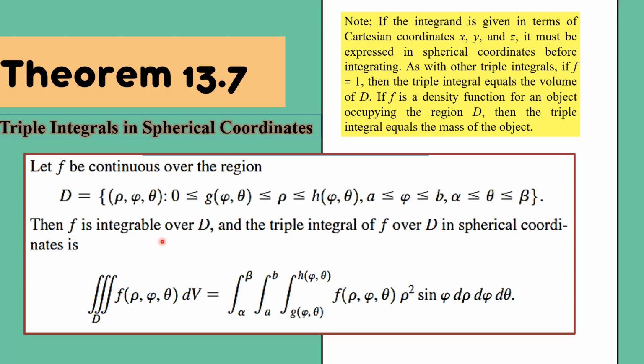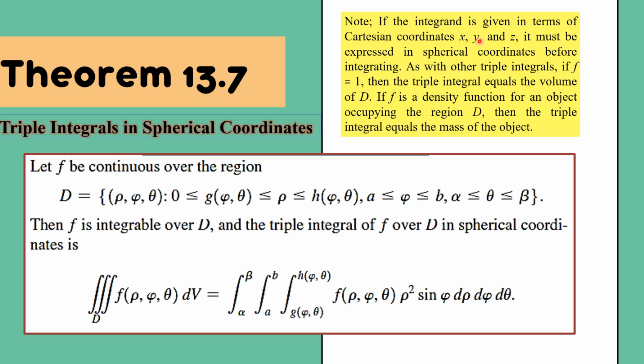Then f is integrable over D, and the triple integral of f over D in spherical coordinates is given by the triple integral of f of rho, phi, and theta, times rho squared sine phi, bounded from g of phi and theta to h of phi and theta, a to b, and alpha to beta, with respect to rho, phi, and theta.